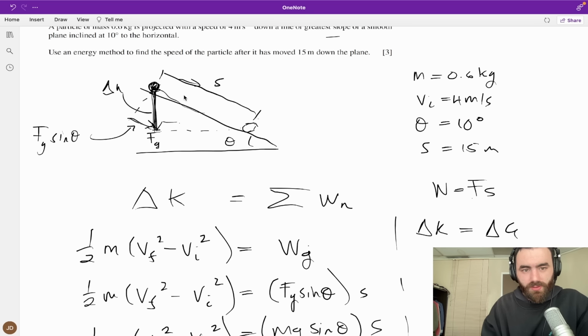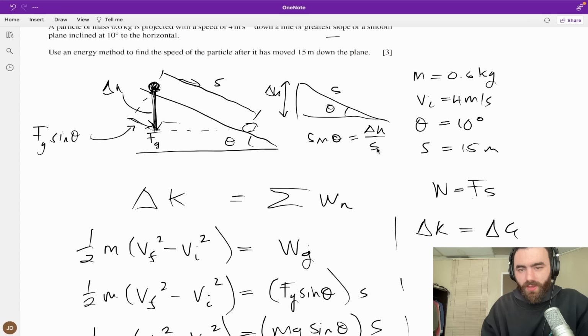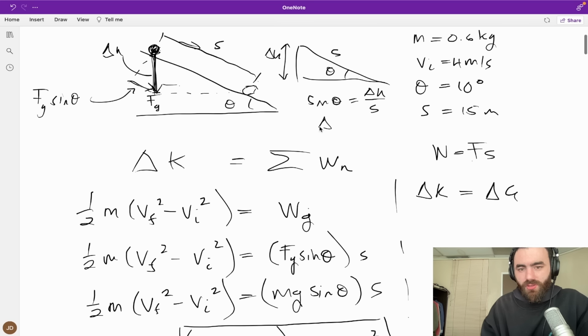This part here is s, and this is theta. So the change in height is just going to be, by sine theta equals the change in height over s, you get the change in height equals s sine theta.